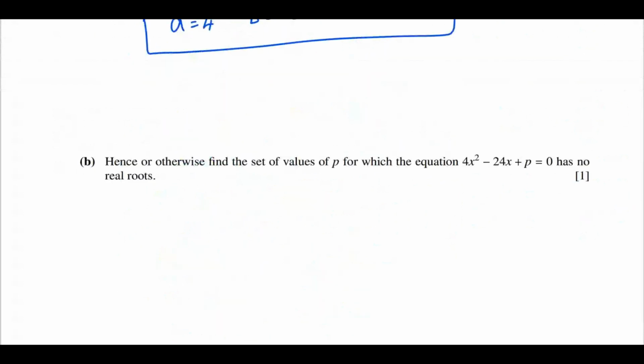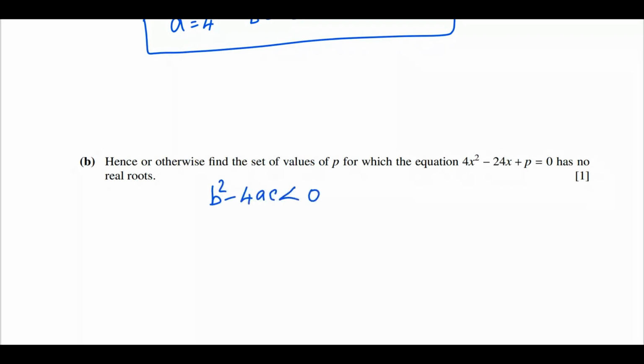The next part of the question is hence or otherwise find the set of values of p for which the equation 4x square minus 24x plus p is equal to 0 has no real roots. So has no real roots means b square minus 4ac is less than 0.